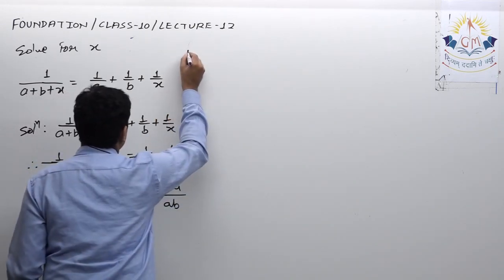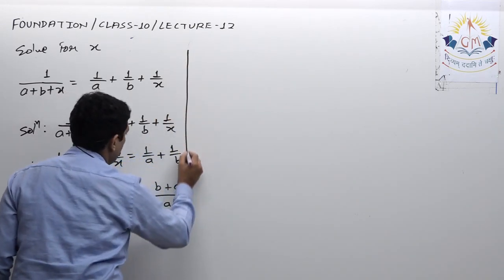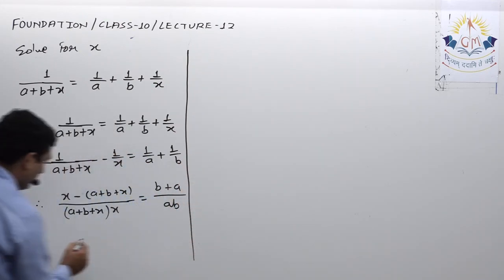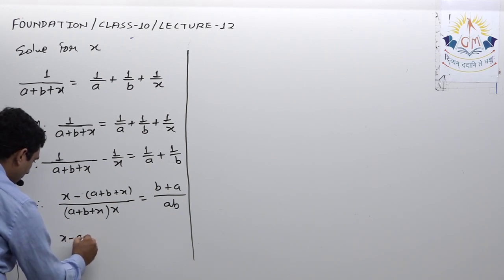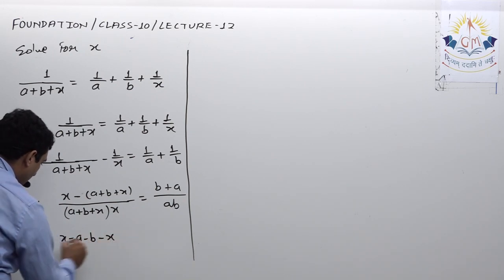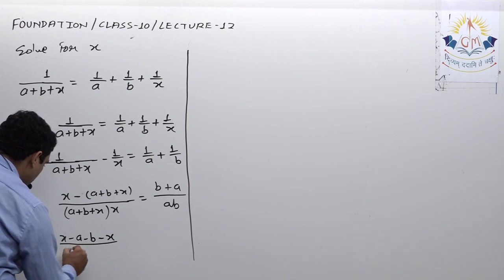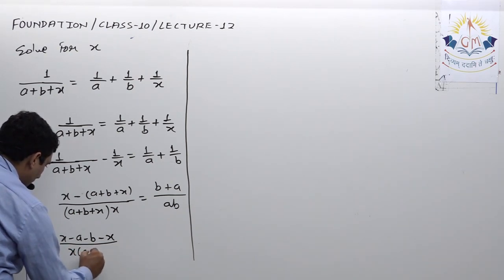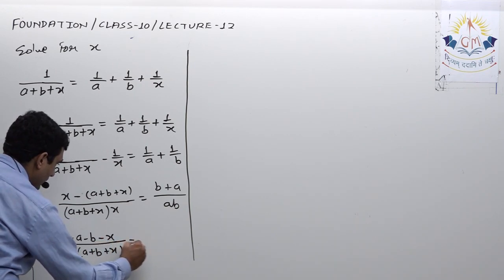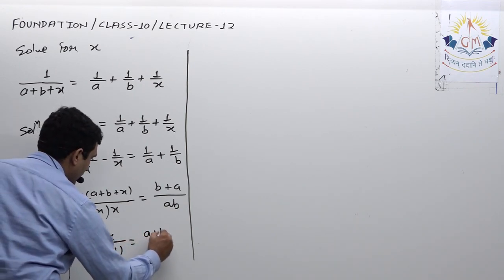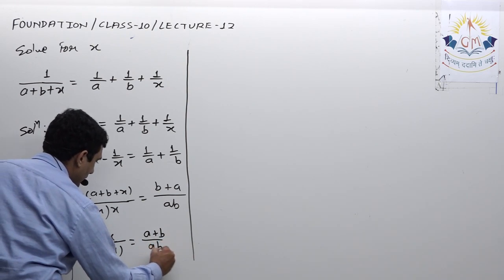So further I will solve it over here. If I open the bracket, what I will get: x minus a minus b minus x upon x into a plus b plus x is equal to a plus b upon ab.